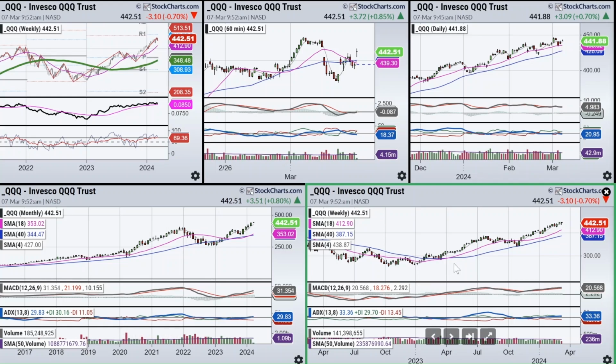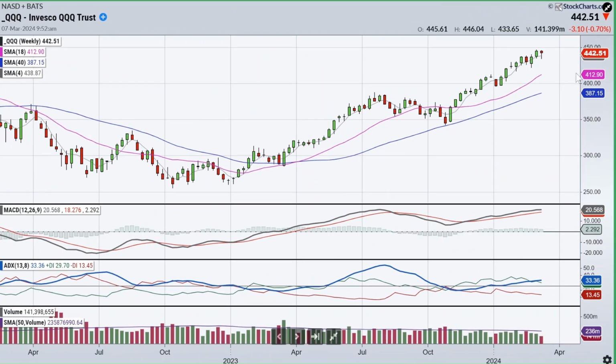Okay, let's start out with the QQQ. One of the things I've been talking about, especially in my Friday video on my YouTube channel about the S&P, is really the same thing for both the NASDAQ and the QQQ. We've jetted away on the weekly chart and we're not testing the weekly line anymore. It's not happening on a regular basis.